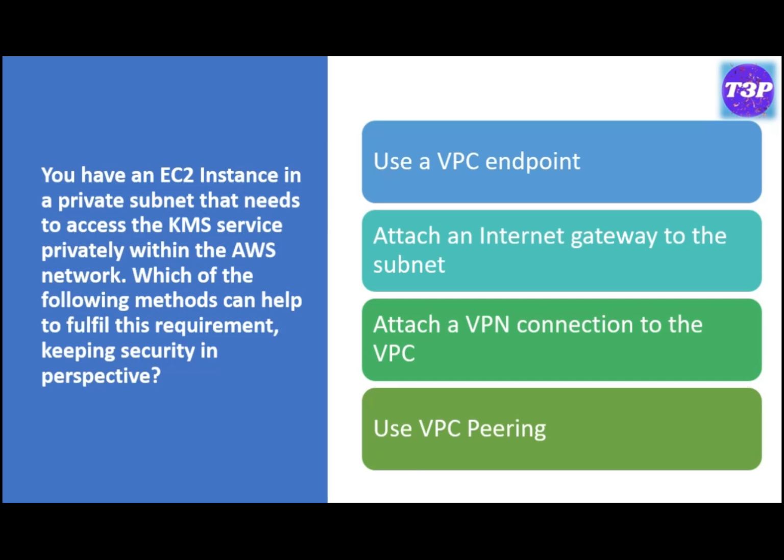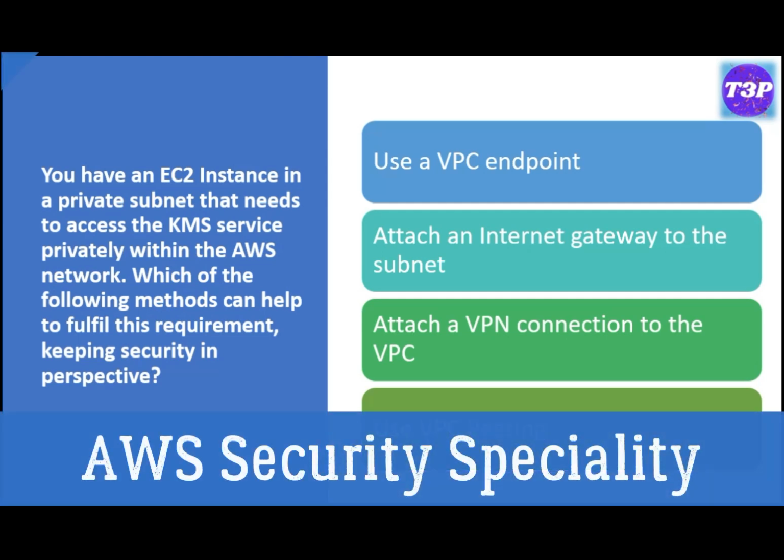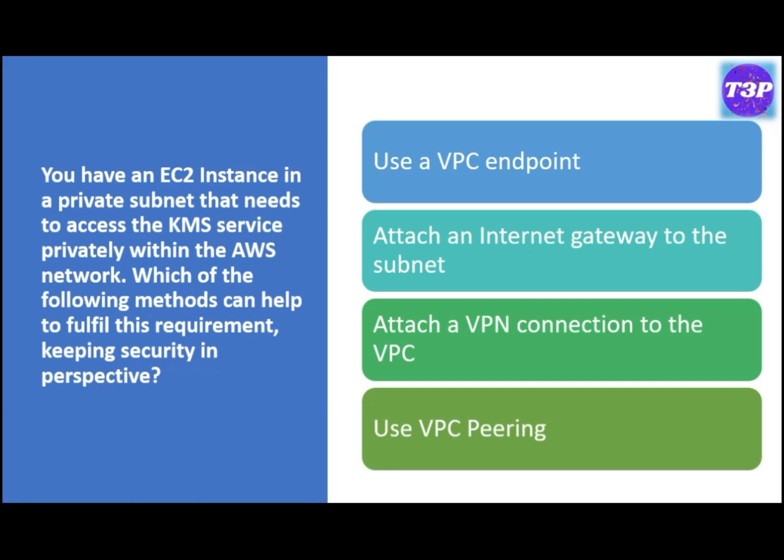In this question they are asking, you have an EC2 instance in a private subnet that needs to access the KMS service privately within the AWS network. Which of the following methods can help to fulfill this requirement, keeping security in perspective?